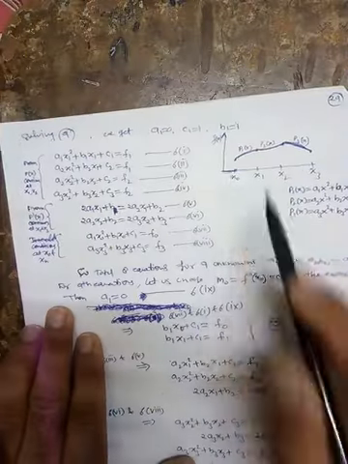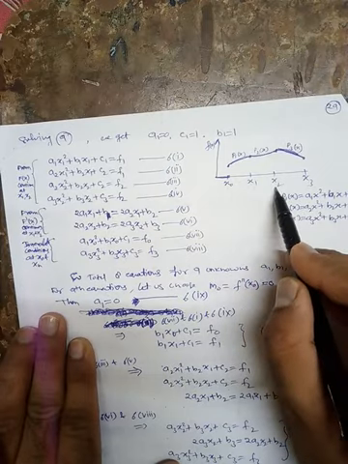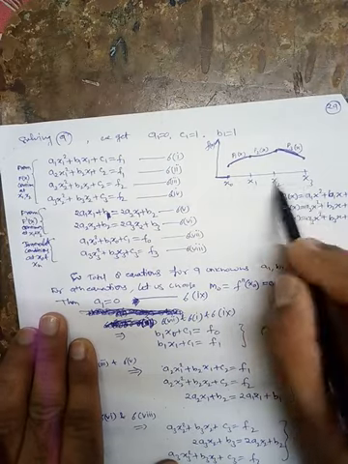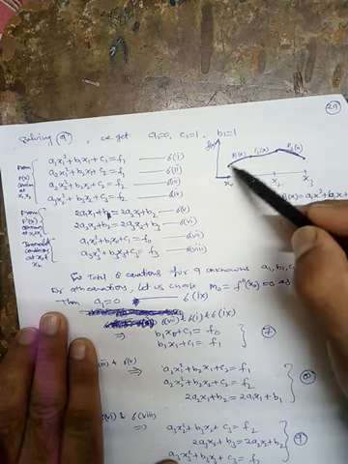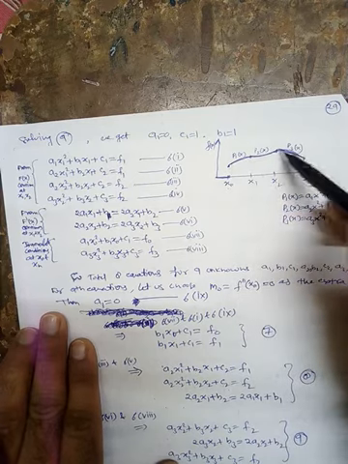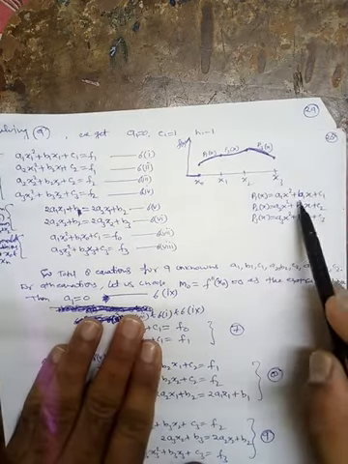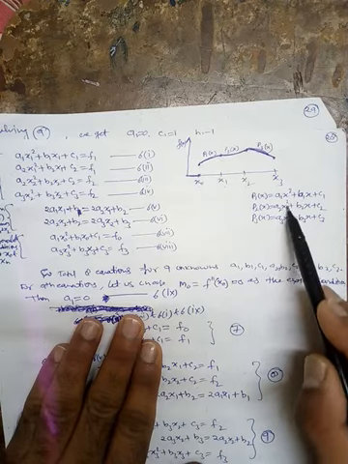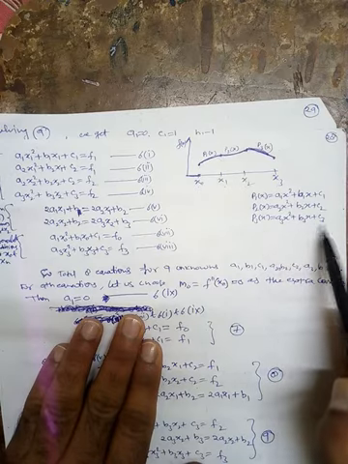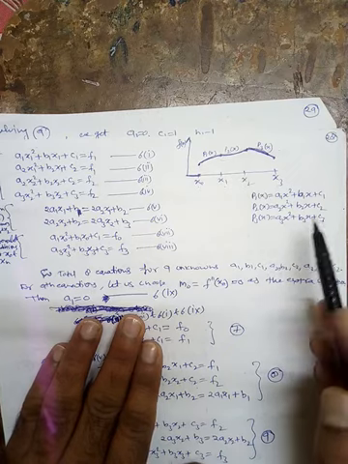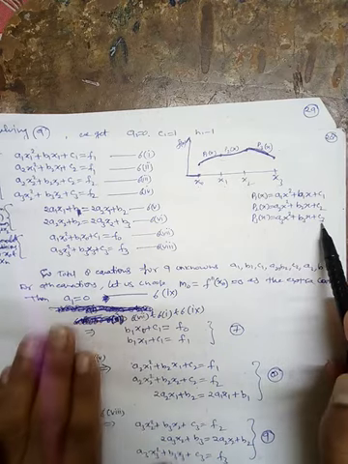Here we have drawn the graph with 3 sub intervals. This is your spline. These are the polynomials p1, p2 and p3, where p1 of x is a1 x square plus b1 x plus c1, p2 of x is a2 x square plus b2 x plus c2, p3 of x is a3 x square plus b3 x plus c3. The aim is to find a1 b1 c1, a2 b2 c2 and a3 b3 c3.